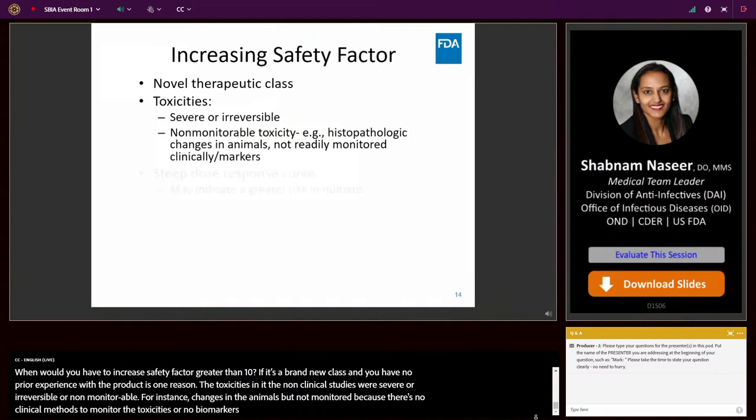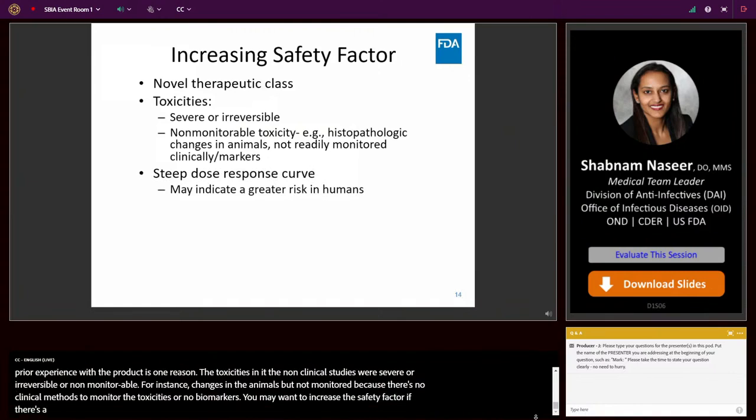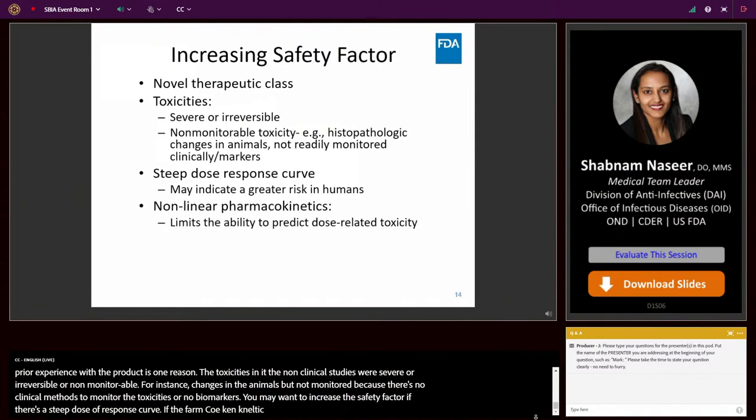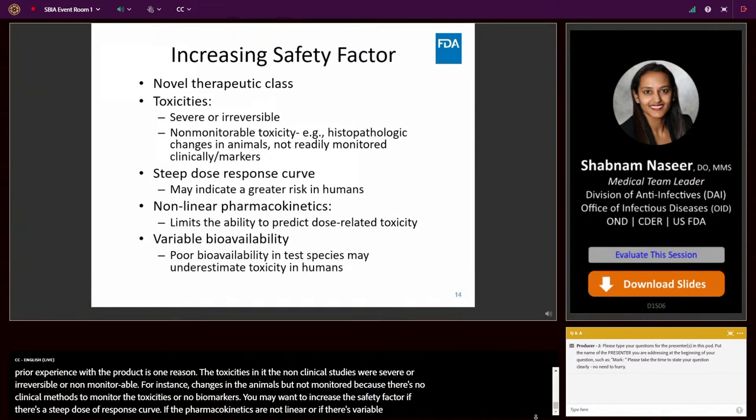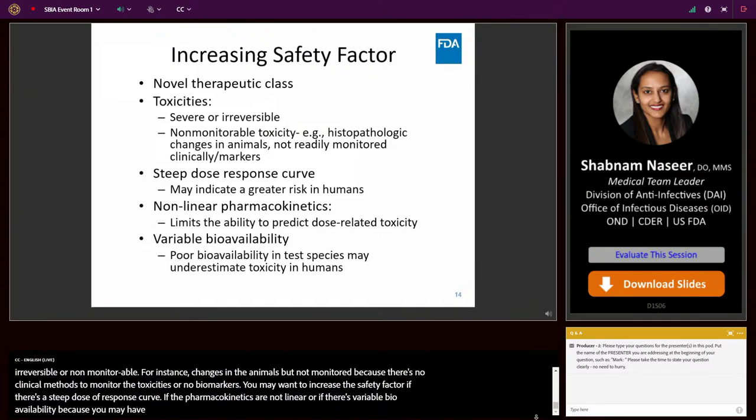You may want to increase the safety factor if there's a steep dose response curve, if the pharmacokinetics are not linear, or if there's variable bioavailability because you may have poor bioavailability in the animals that may actually underestimate the toxicity when you move to humans.